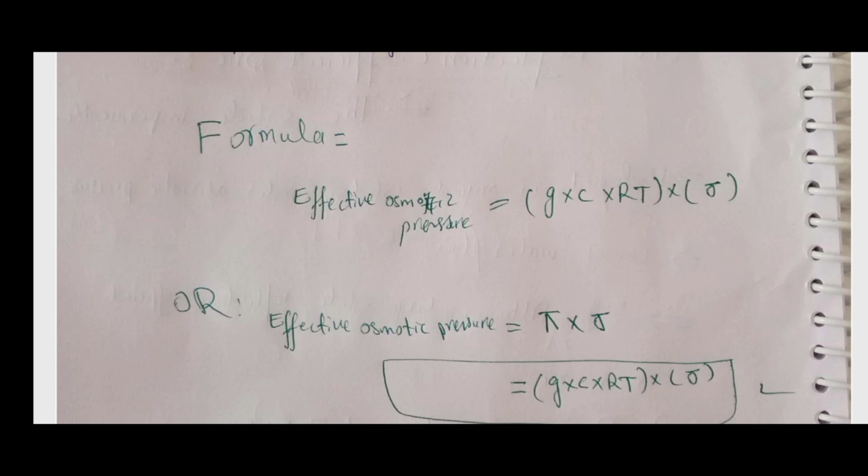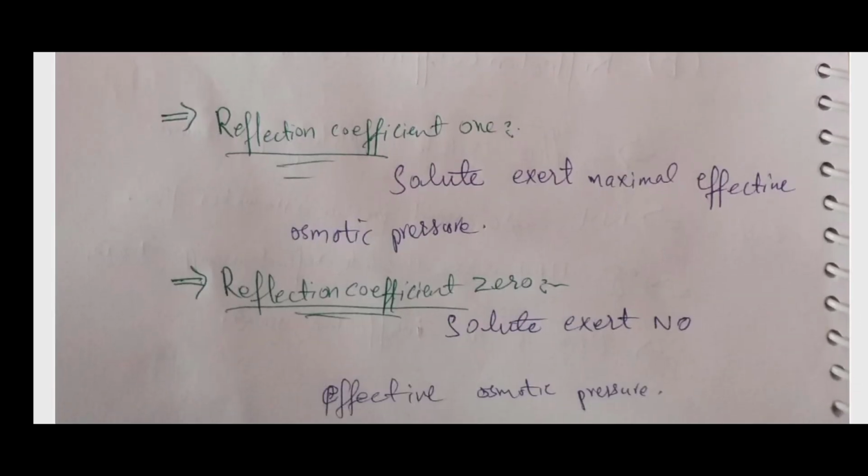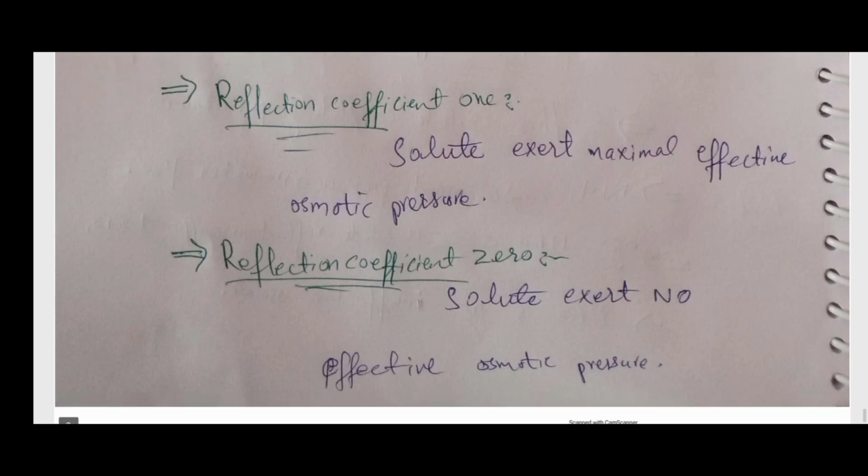Effective osmotic pressure equals the osmotic pressure measured by van't Hoff's law multiplied by the reflection coefficient. If the reflection coefficient is 1, the solute will exert maximal effective osmotic pressure. If the reflection coefficient is 0, then the solute will exert no effective osmotic pressure.